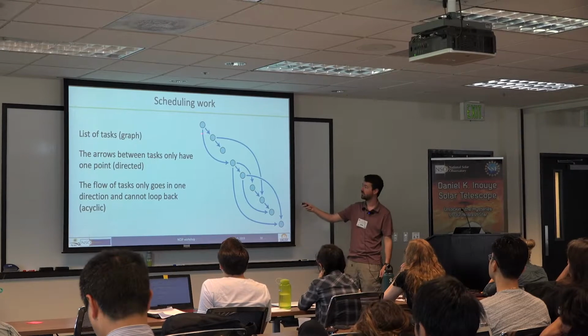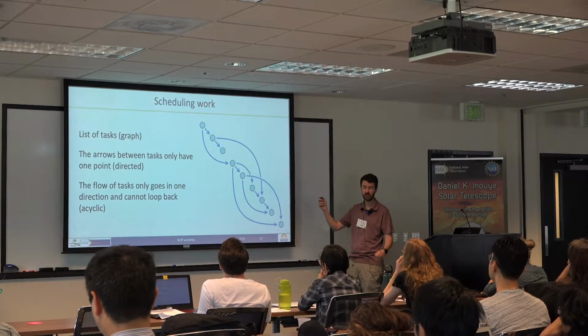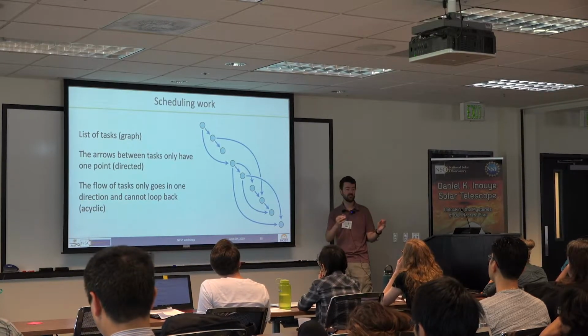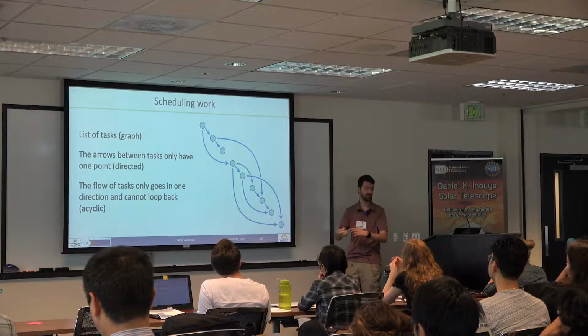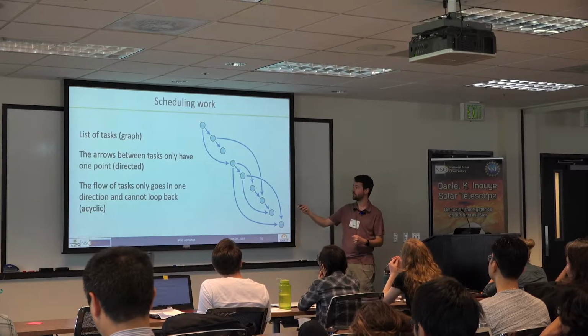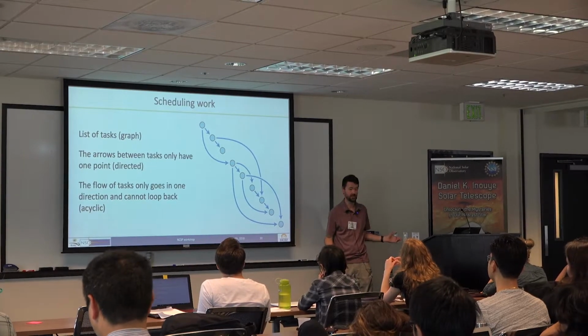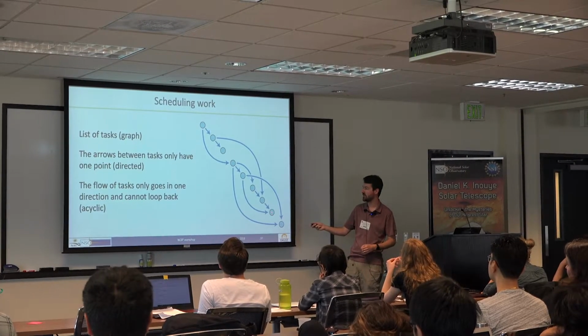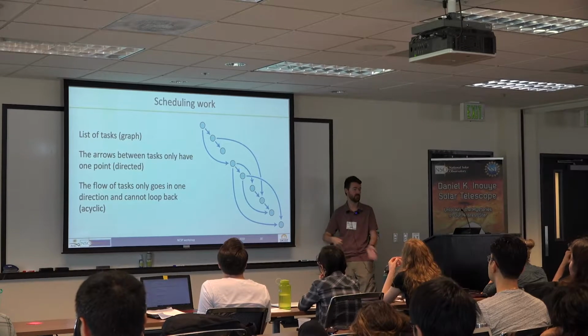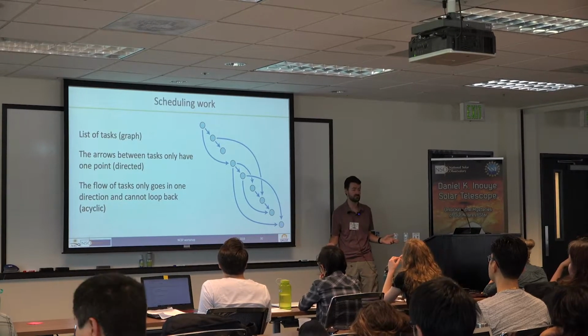The first task could be something like, okay, go to the main store and pull all of the data that we're going to need to do things. A later one here could be average all the dark frames together. One of the later ones could be create a browse movie of the work you've done and push it up to YouTube so that people can see it on the search page.